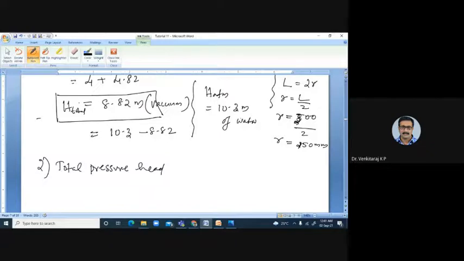If you subtract this 8.82, you get this as 1.48 meter of water. So this is its absolute value. 1.48 meters of water, absolute.